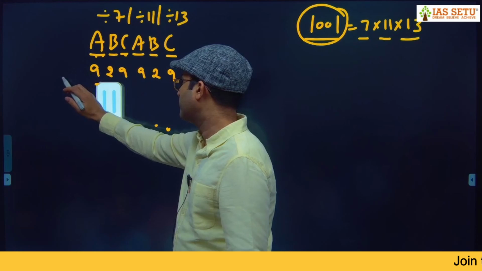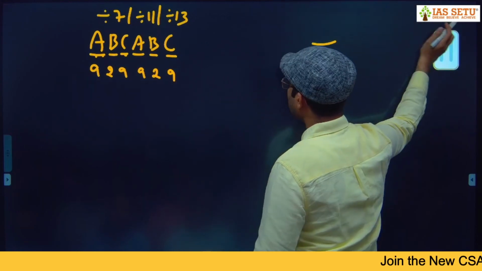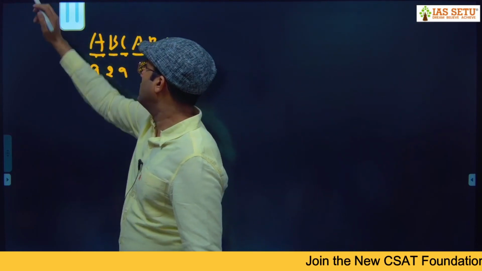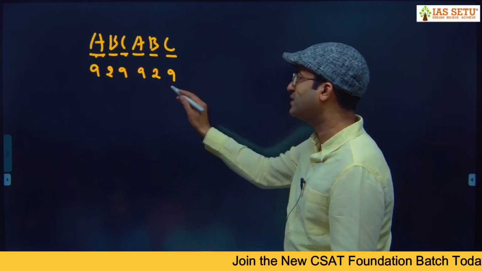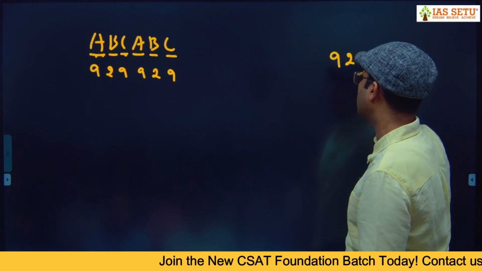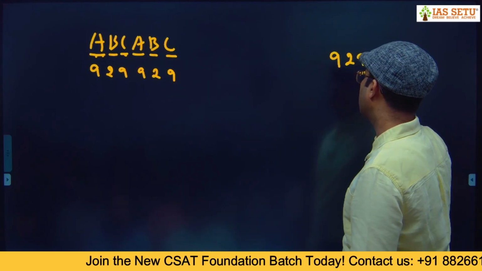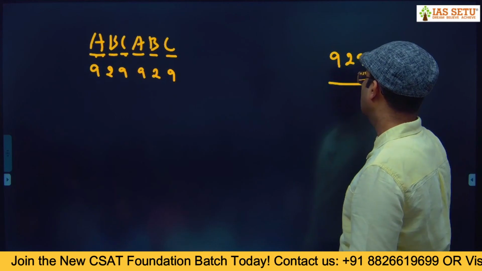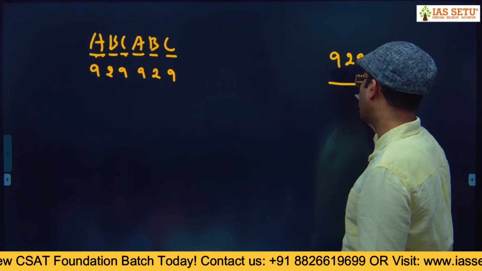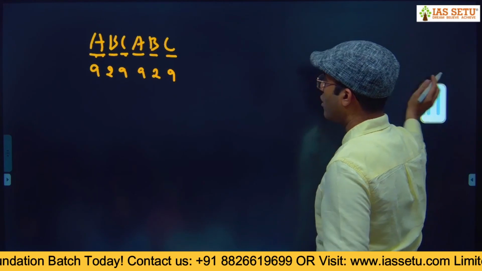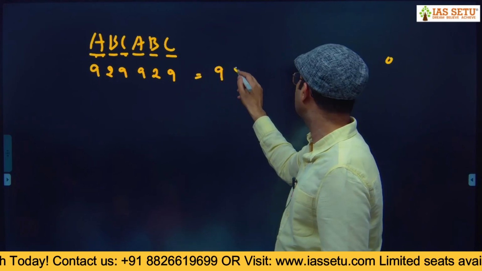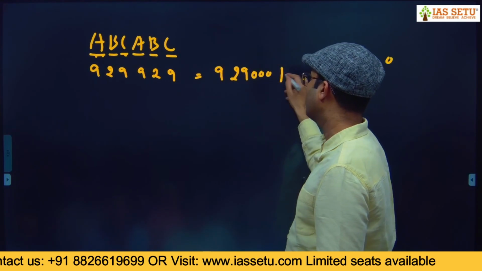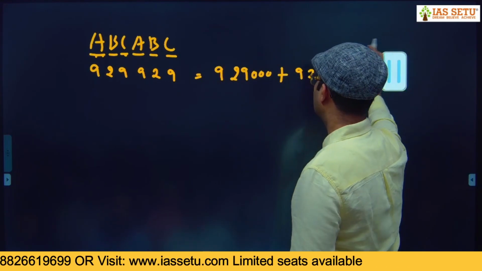Now, just fit it. I break this number as, what is this actually? 929,000 plus 929. यही तो है. So now we break this number as 929,000 plus 929.